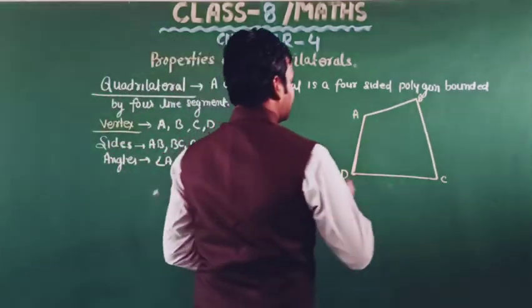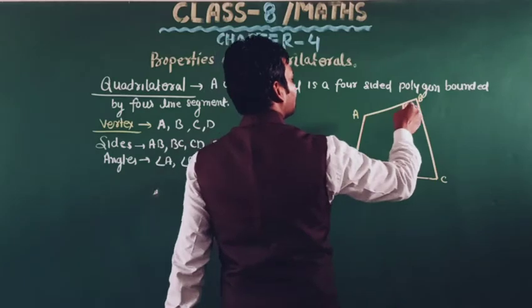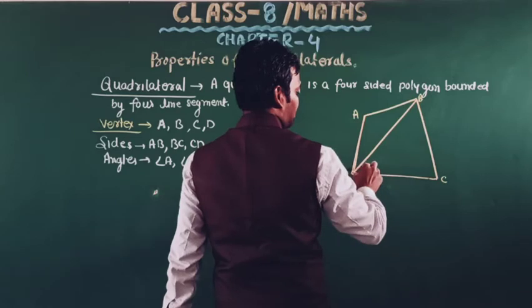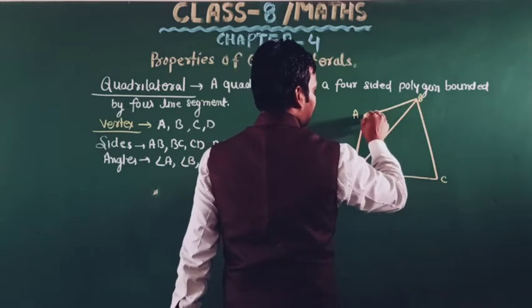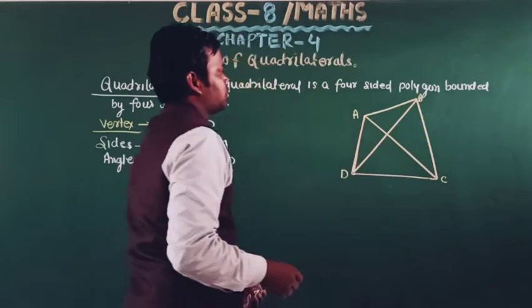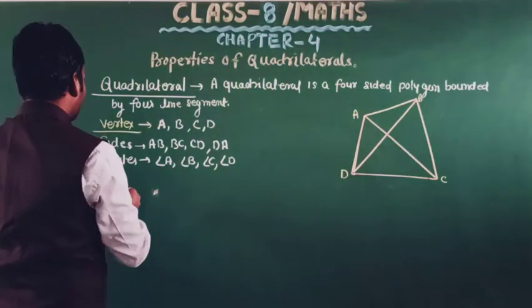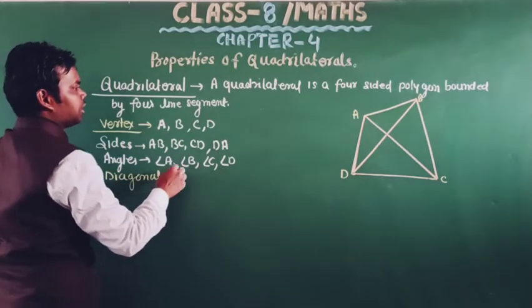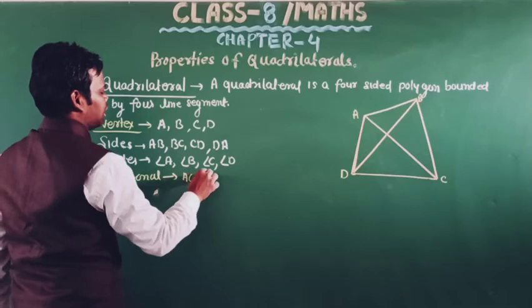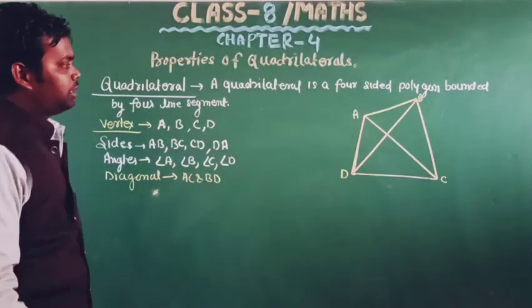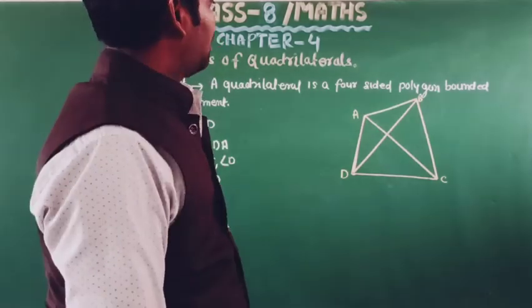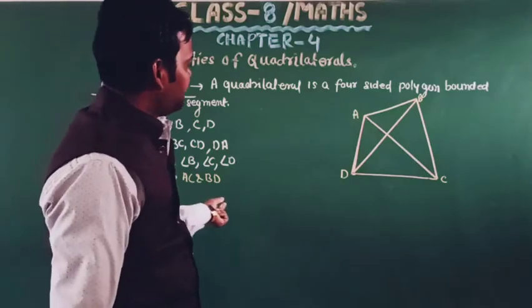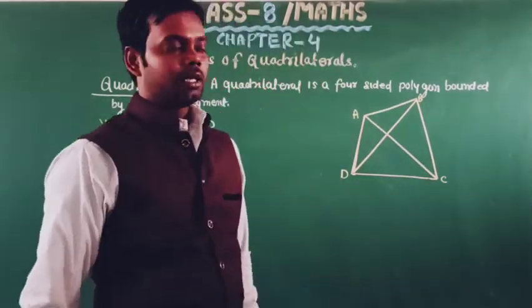And here a line segment joins vertex B to D and A to C. So AC and BD are called diagonals. AC and BD are the diagonals of the quadrilateral.